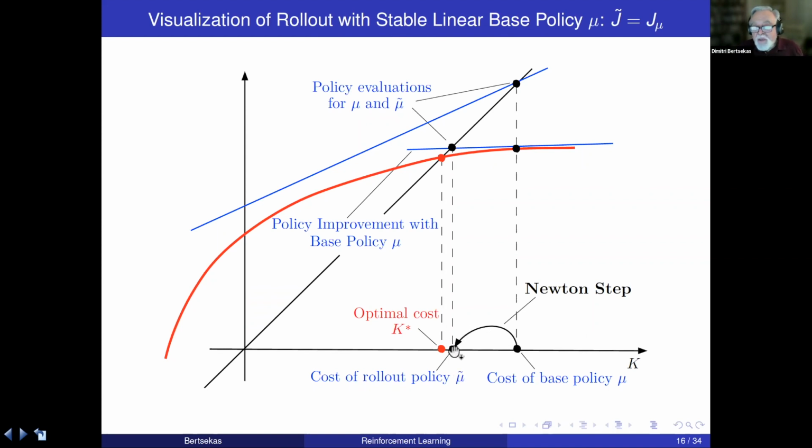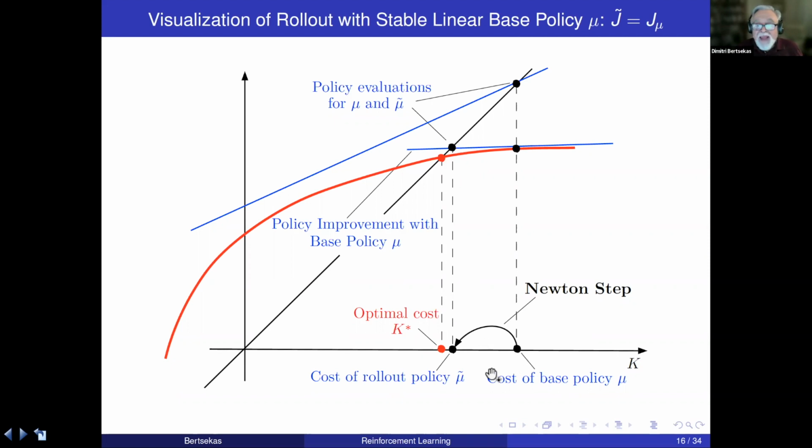And it brings you closer to K star than the base policy, and also a lot closer, because Newton's method has very fast convergence. If you start close, you get much closer to K star. It has a quadratic convergence rate.